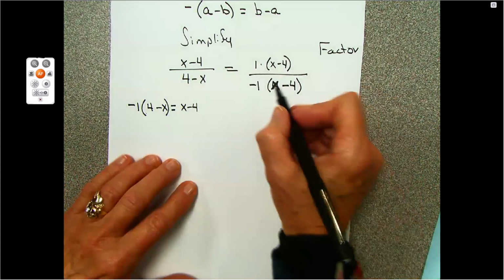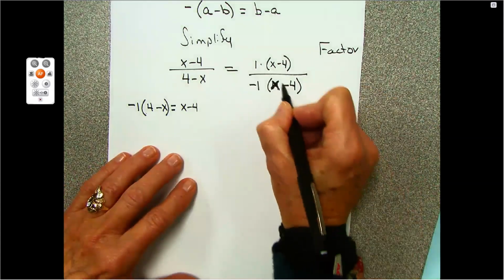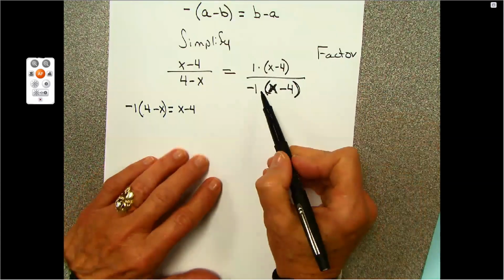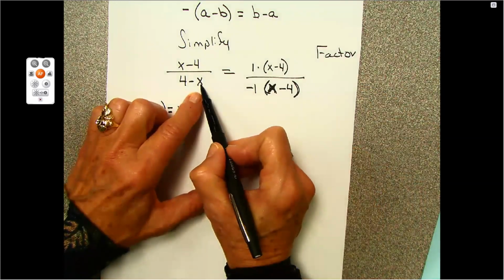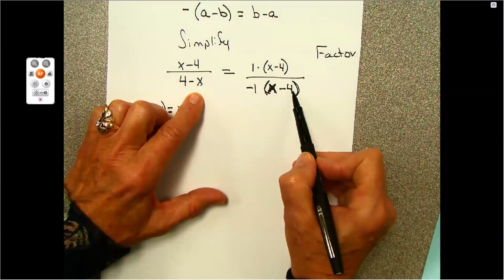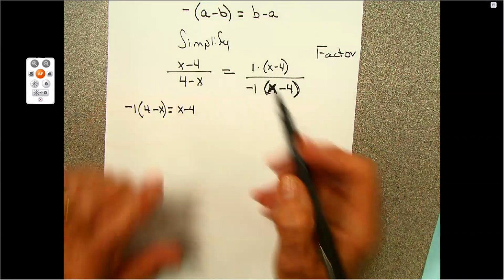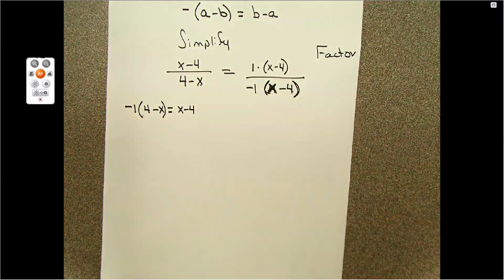Yeah. A negative 1 times x would be my negative x. And a negative 1 times a negative 4 is positive 4. I haven't changed the value, I just factored out a negative 1, which changes the sign of each term.